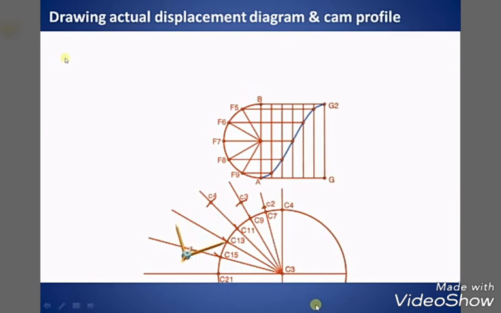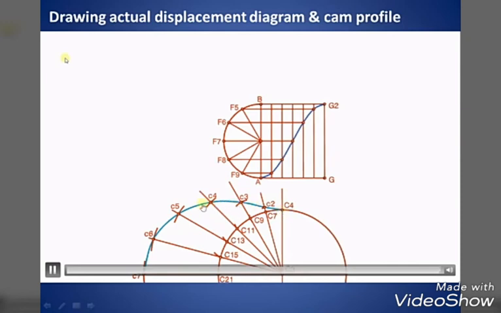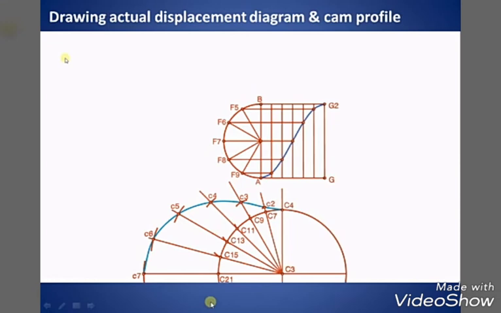And likewise, you can mark all these particular points, and then draw a smooth curve passing through these points. So this is known as the cam profile. So this particular curve that we have drawn is known as the cam profile. So here for the demonstration purpose, we have considered only the outstroke. Similarly, we can consider the return stroke also, and we can draw the cam profile.